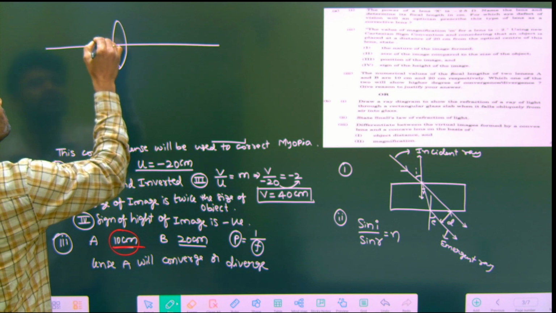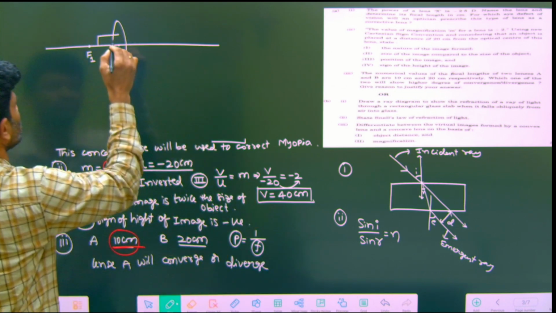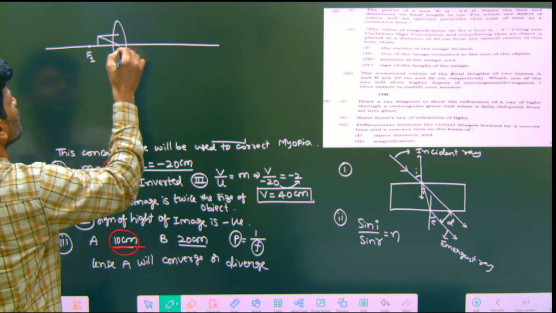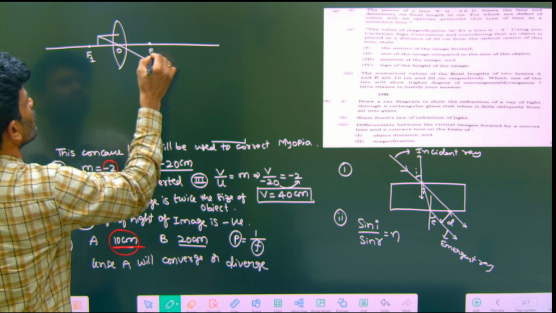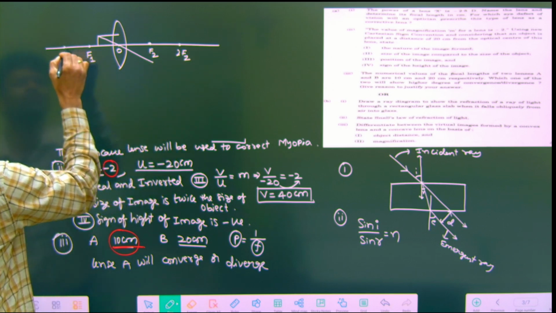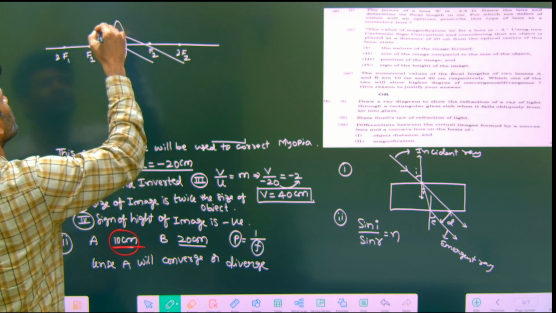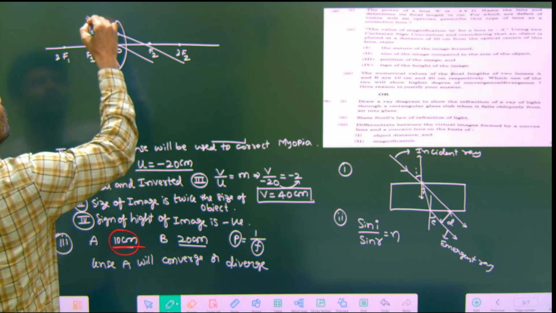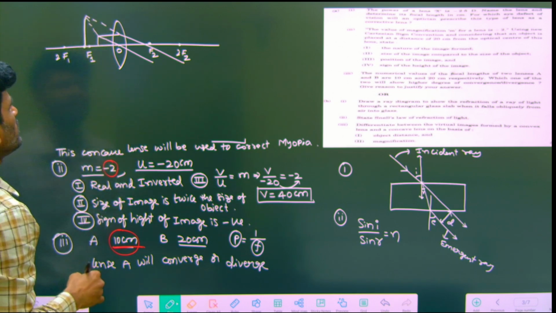If you want, you can draw the ray diagram. When you extend these two, what happens? These two will meet at a point on the same side of the object. Here, virtual image will be formed in convex lens.